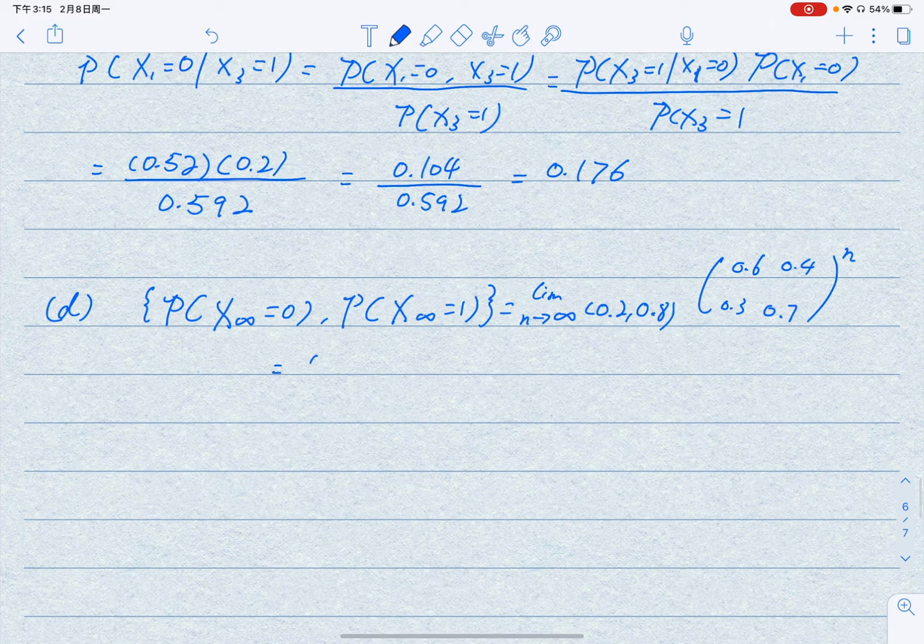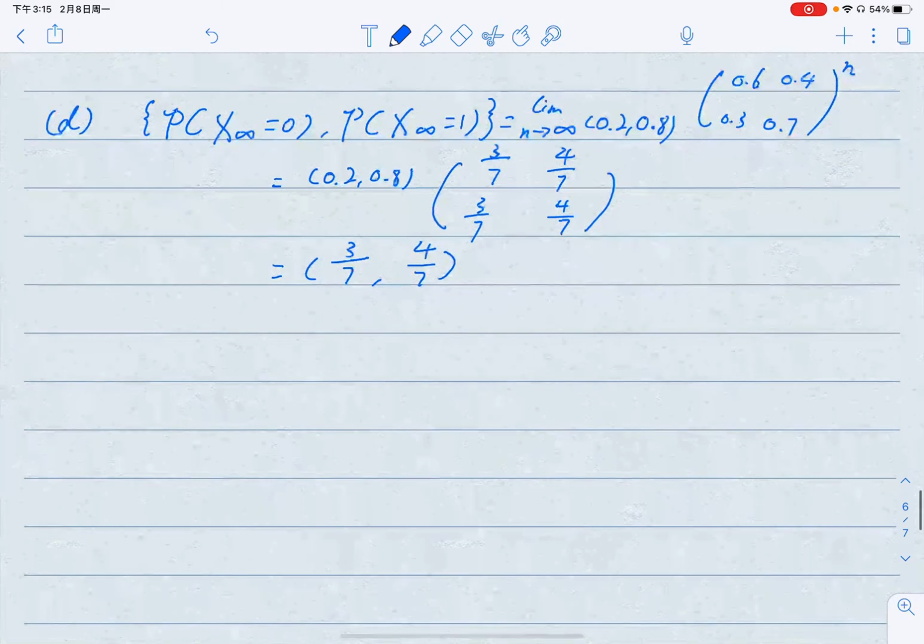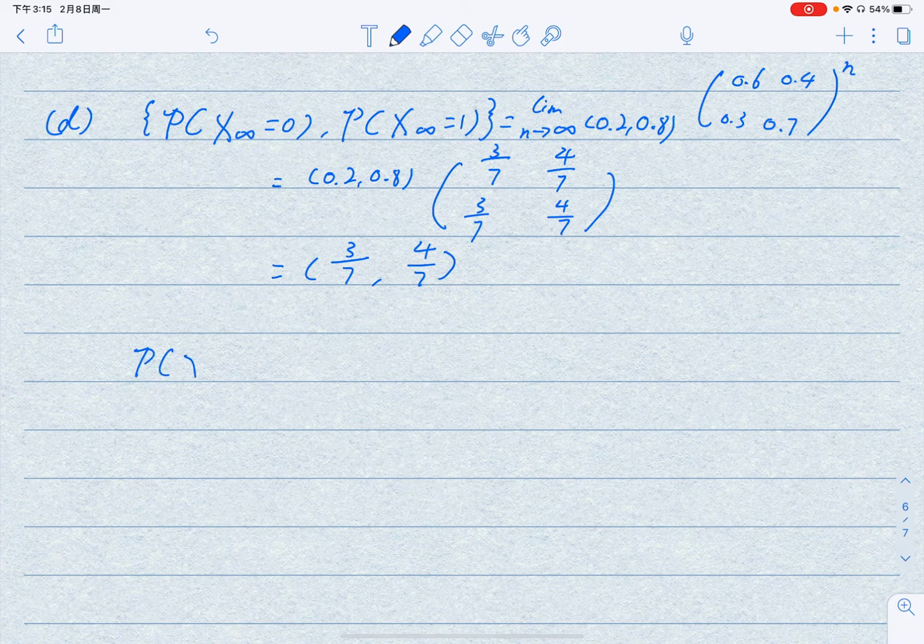And therefore we have 0.2, 0.8 times the matrix 3 over 7, 4 over 7, 3 over 7, 4 over 7. And we have the answer 3 over 7, 4 over 7. So the probability for X n, as n goes to infinity, equals 3 over 7.